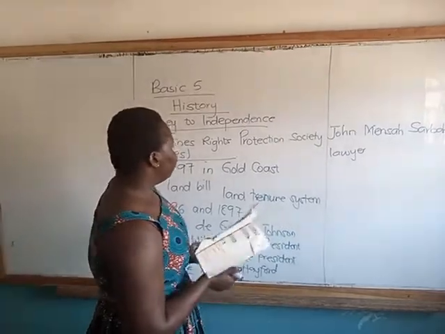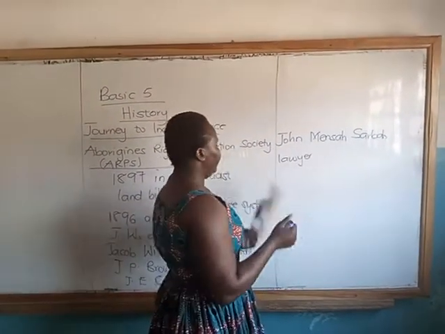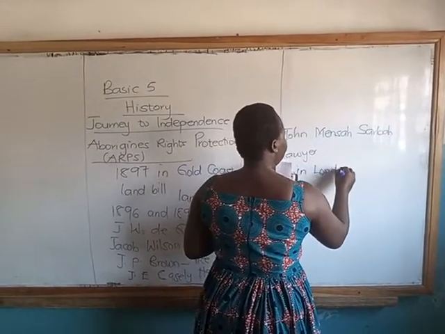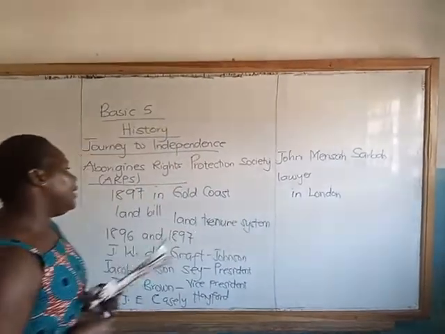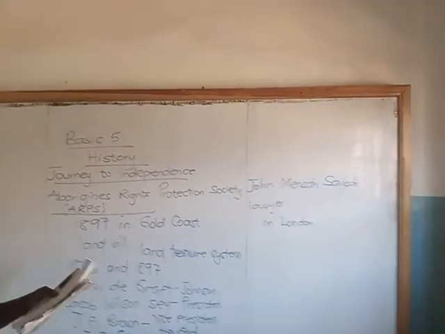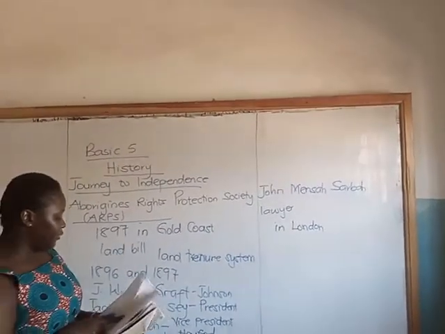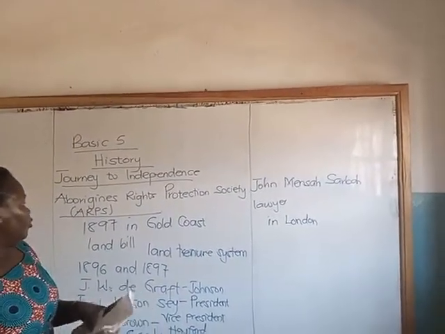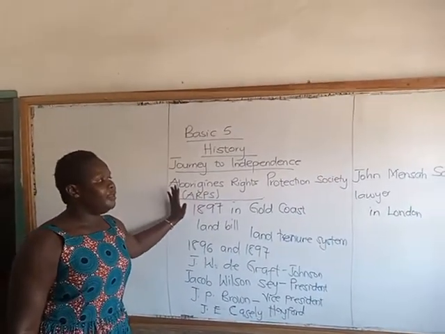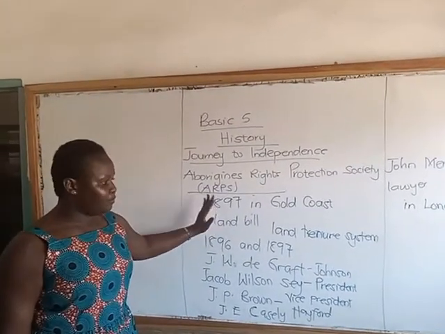It was a petition led by John Mensah in London to the British Secretary, Joseph Chamberlain. So these were those who helped for the petition to be passed, and the bill was not accepted. So that's how the Aborigines Right Protection Society was formed, and the main aim was what? To protest against the land bill that was passed.